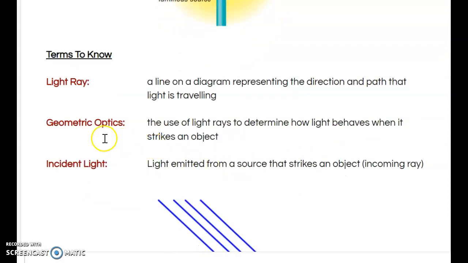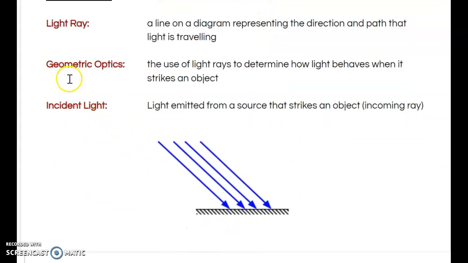The next term is geometric optics. Geometric optics is the use of light rays to determine how light behaves when it strikes an object. What happens to light when it strikes a flat mirror? What happens to light when it strikes a textbook? We obviously know light travels in a straight line, so it comes down, hits an object, hits a surface, and will bounce off that surface.